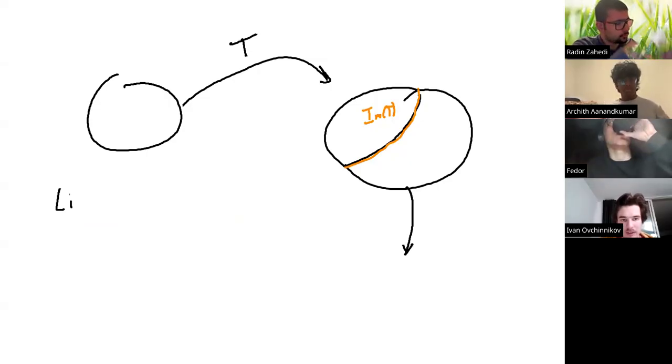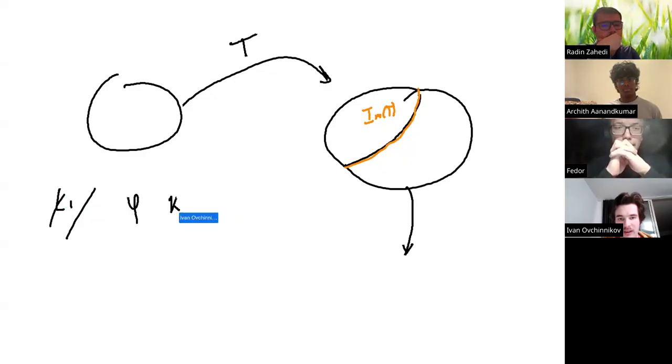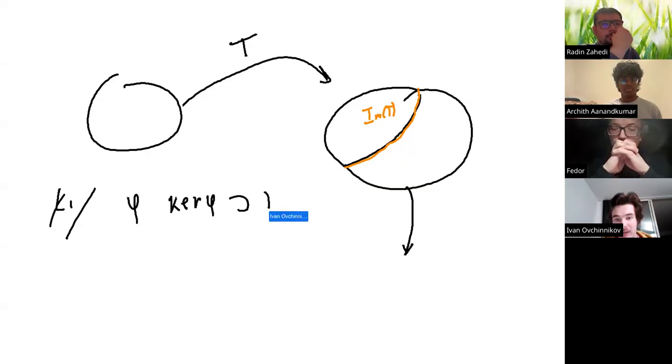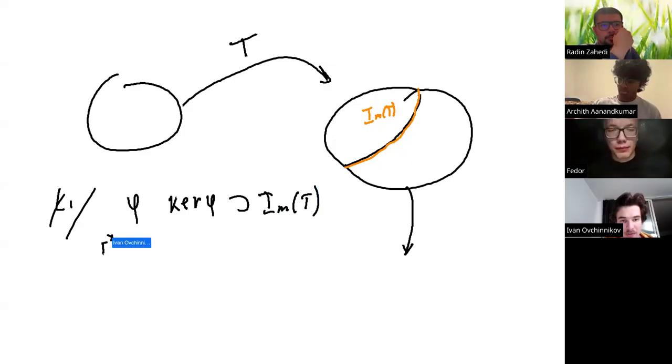Phi such that the kernel of phi contains the image of T. These get sent to 0.